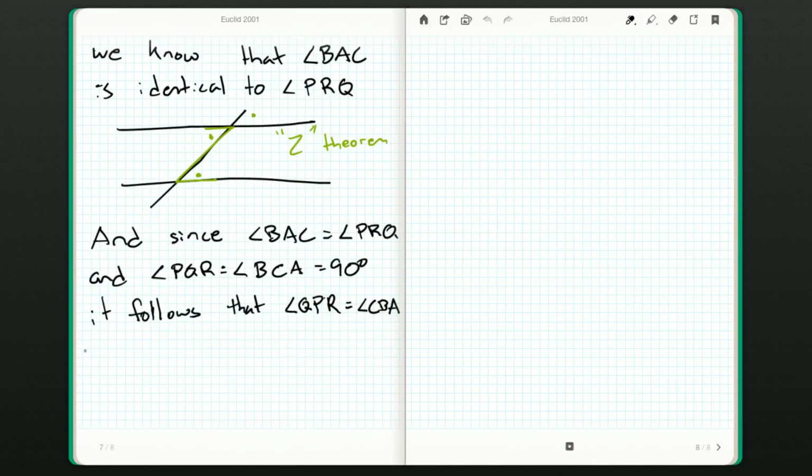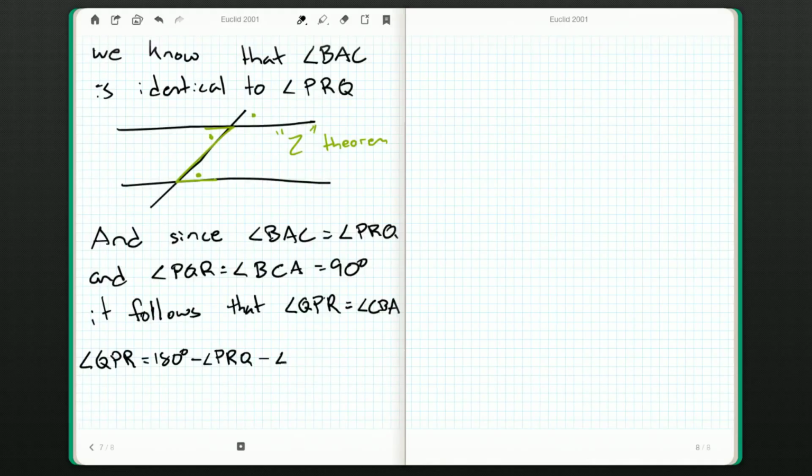Now we can see this really quickly by noting that the sum of the interior angles has got to be 180. But each of these angles is identical to another angle that we've seen before, BAC and BCA.